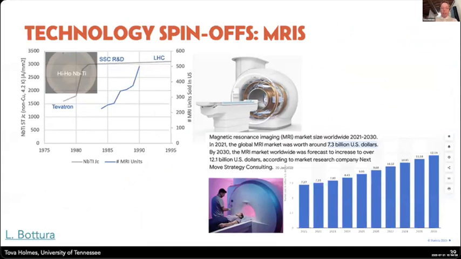And stronger magnets make that possible. So as we continue to push magnet R&D, especially when we're talking about high field solenoids, this is something that will continue to help this industry. And this is now a $7.3 billion industry that was launched, like I said, by the creation of the Tevatron. So this is something we can continue to work with.